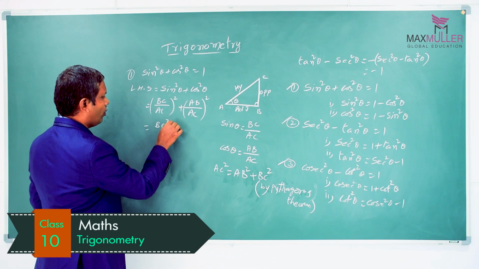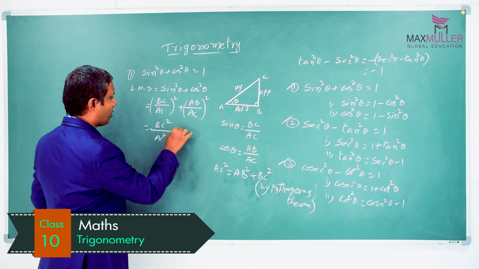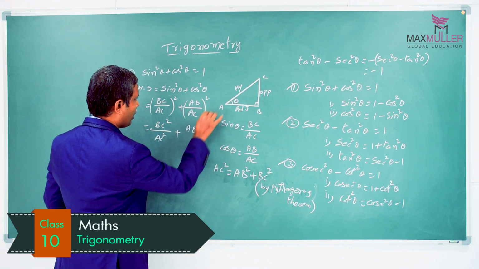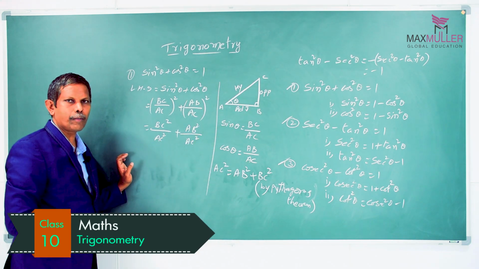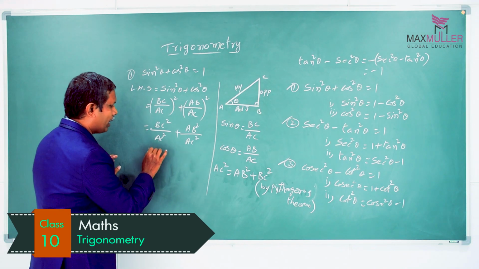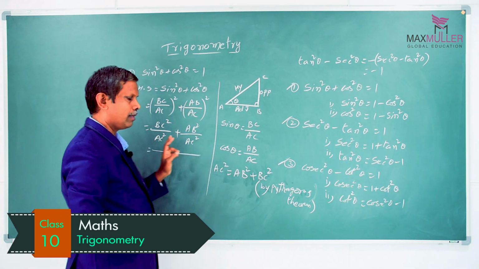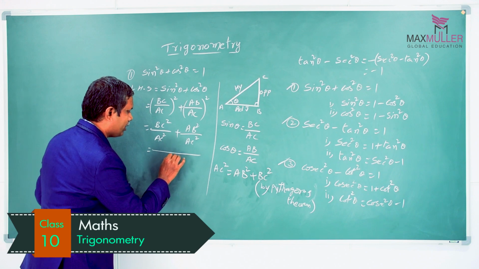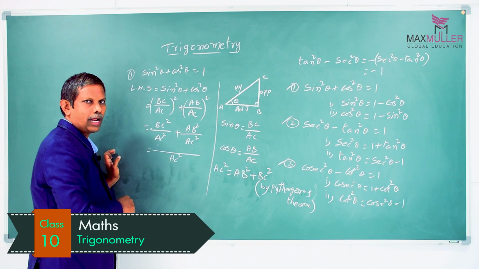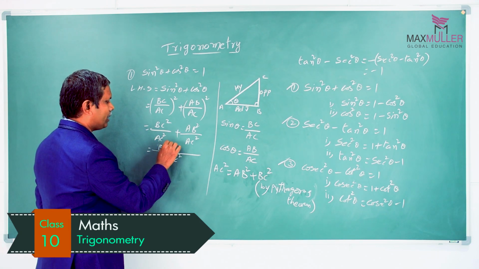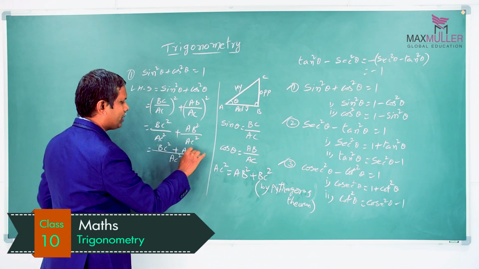That is equal to BC square by AC square plus AB square by AC square. If I take the LCM, AC square is common in both denominators, so here you will get BC square plus AB square.